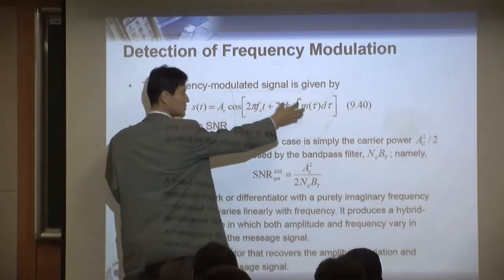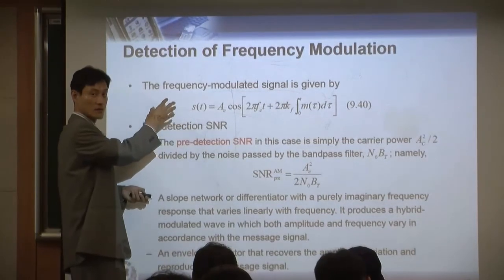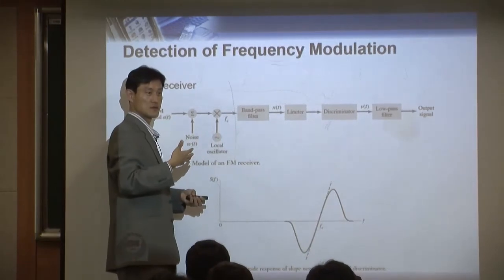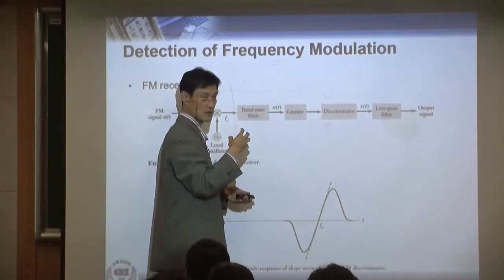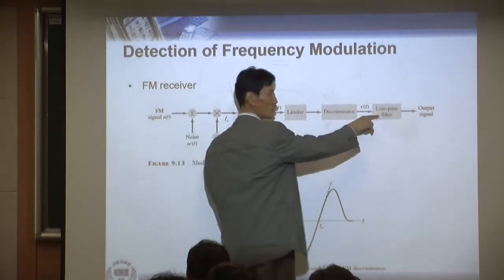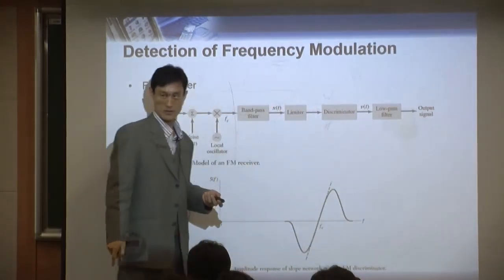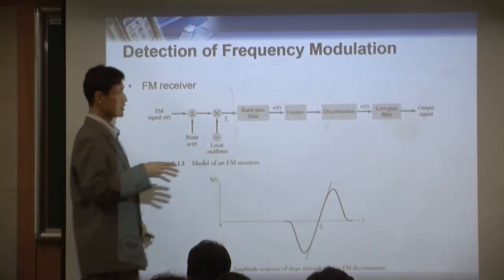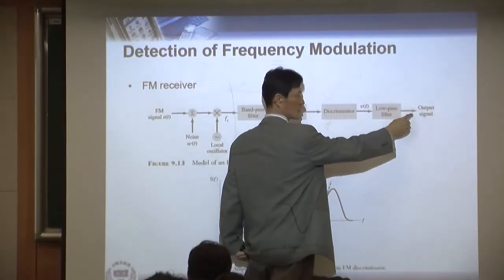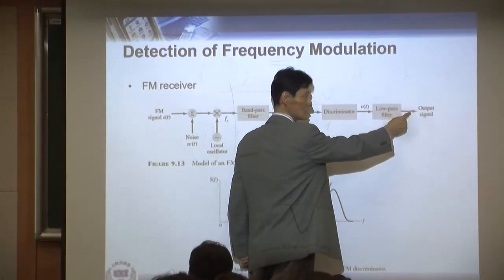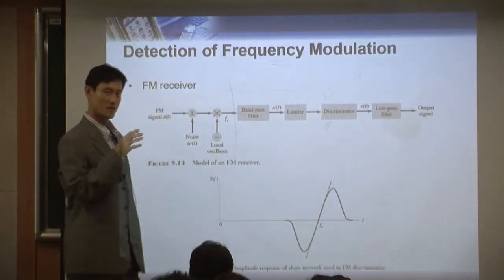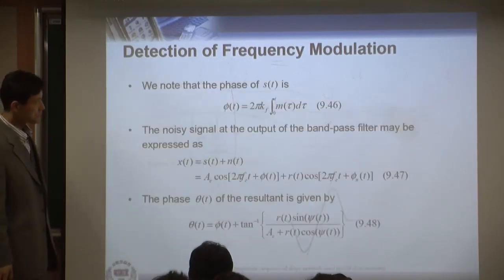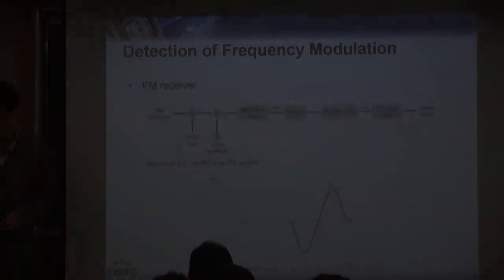Once you do that, the message comes out, right? That's this one, the time derivative. So you want to bring the message out. Once you do that, we go to the low pass filter. Now you're going to get the output. So in order to calculate the post-detection SNR, we need to go all the way through here, look at what the signal is here, and then calculate the signal-to-noise ratio right there. So it's a little bit complex. Okay, but we can continue next time.